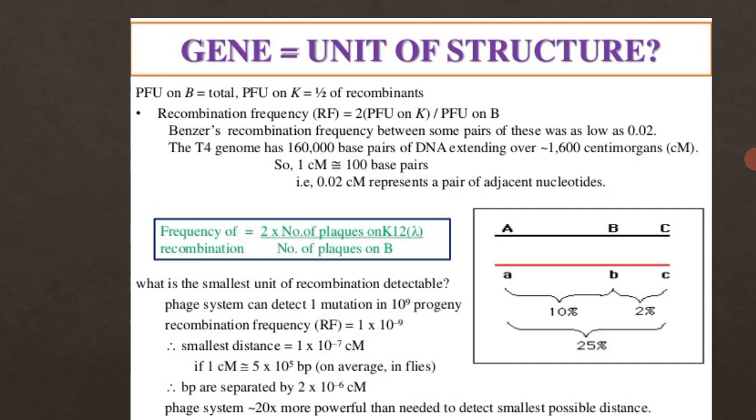You can see the distance, that is why the recombination frequency is also getting higher. Whereas look at the 10% and 2%, there is less distance between the two genes, right? The two nucleotides are present very close together, and therefore the recombination frequency is coming very low, okay.